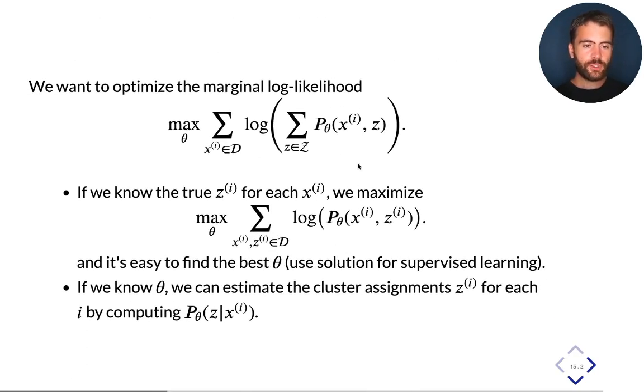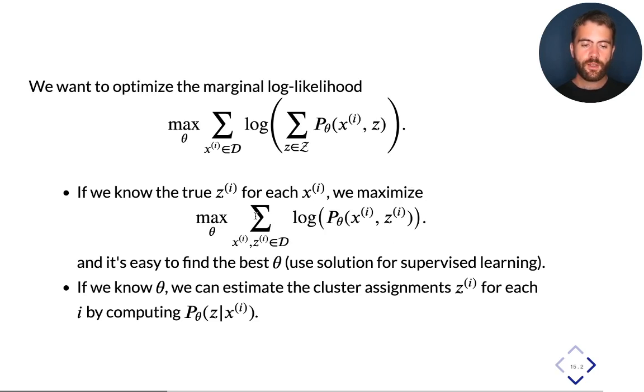So consider this objective which we are trying to optimize, and observe that if we knew the true z, if instead of summing over all of them, we knew the best cluster for this x, and let's call this value zi, then we would not have to do this entire summation. We could just plug it in, and we would have an objective of this form.